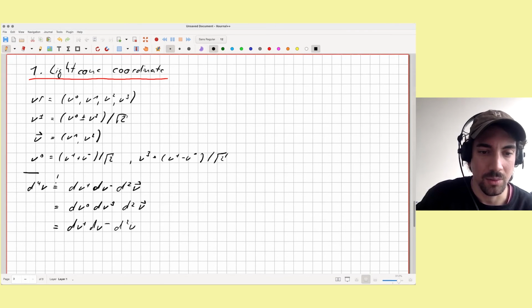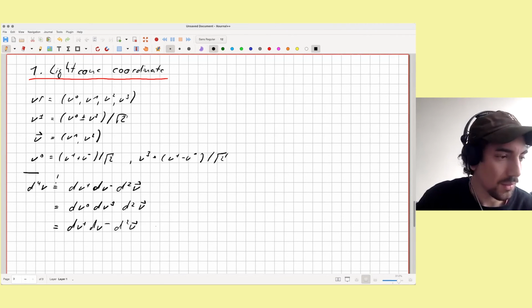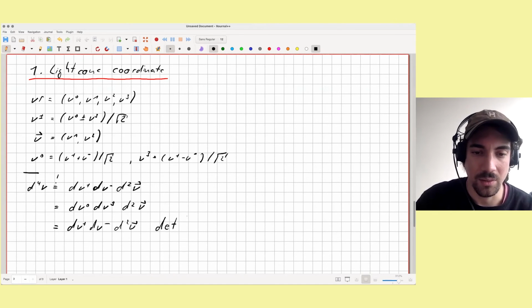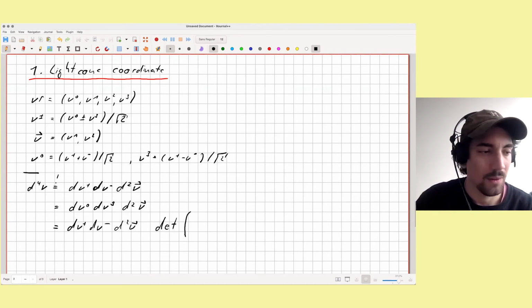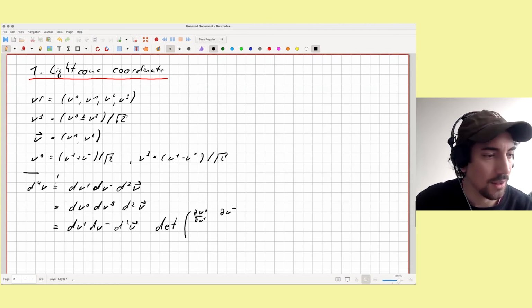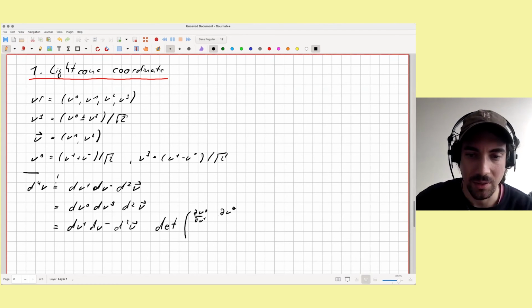But this Jacobian is really simple because it's just the 2x2 matrix we have to consider, with the following entries. If there's anything unclear, just interrupt me, please.